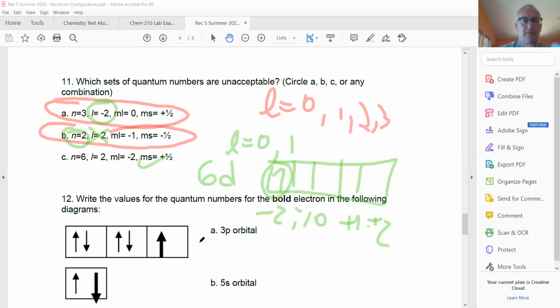That's okay. So the right answer, C, if you ask what is the correct one. Yes, but I asked which ones are not correct. Now, on a test, I'd probably say explain. I wouldn't let you just guess.